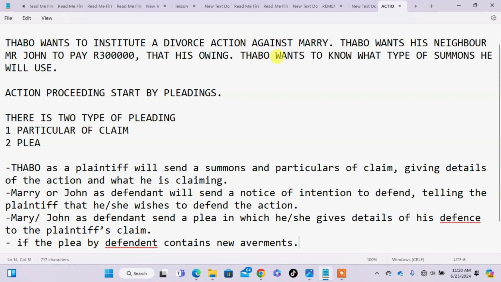Or even Mary proves a new argument during the divorce action, which are contained in the particular of a claim, showing that she has proof and she has a new argument.